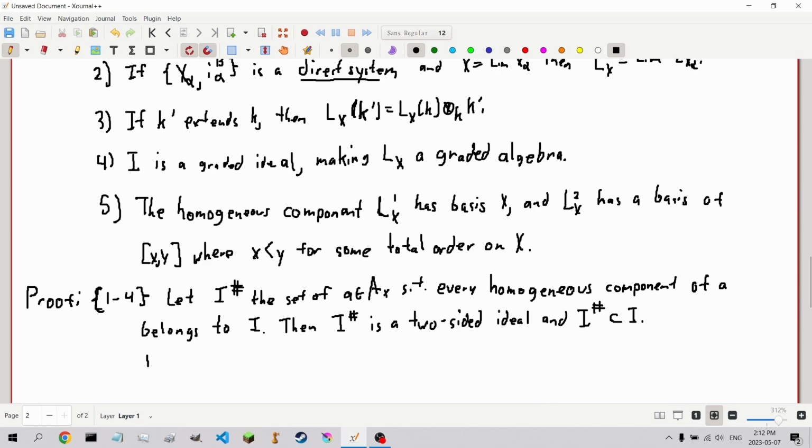So now we're going to let x be in our algebra AX as the sum of homogeneous components xn.